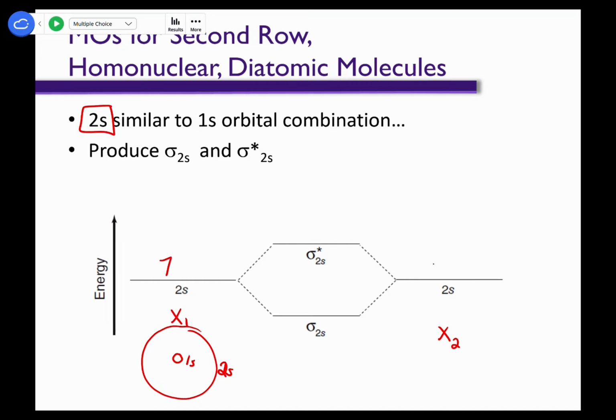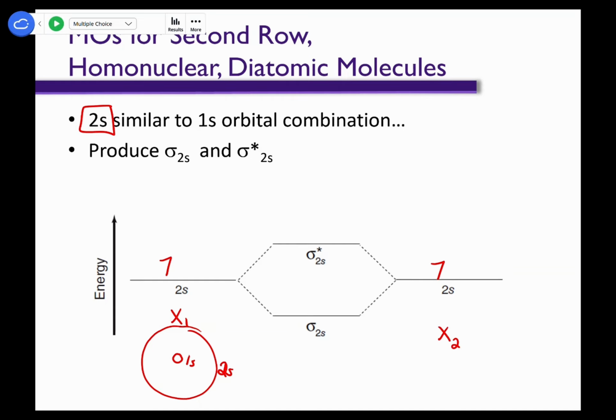And just like we did when we had 1s orbitals, two atomic orbitals, one from each atom, makes two molecular orbitals. A bonding molecular orbital lower in energy, an anti-bonding molecular orbital that's higher in energy. They're combining on axes, just like we did with the 1s, but now they're just bigger.